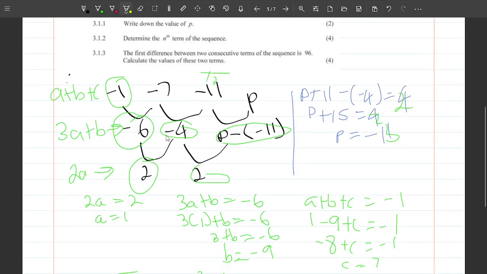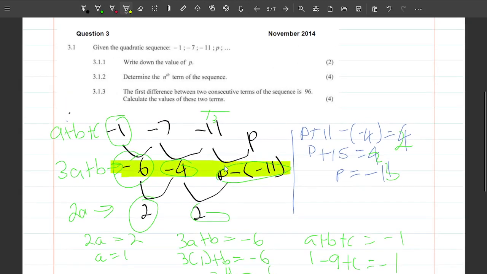So remember, the first differences are these numbers that we have here. They're saying the first difference between two consecutive terms. So somewhere along the way here, there are two terms that follow one another, and when added, give you 96. Then they want the value of these two terms.